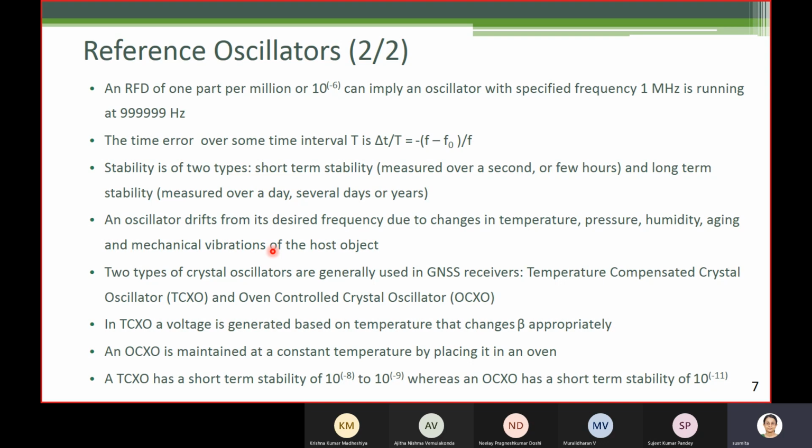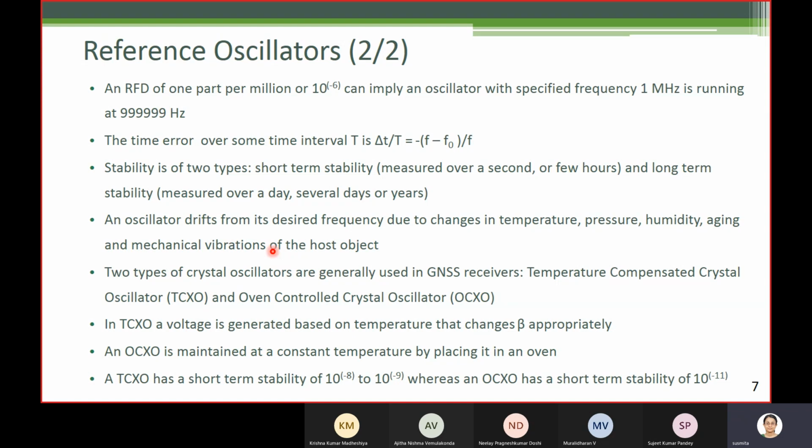This is why how the receiver is mounted on a vehicle which can vibrate largely is important. Mechanical vibrations can be reduced by mounting the receiver on an isolated platform with proper shielding, so that it does not get affected by the mechanical vibrations of the host vehicle.